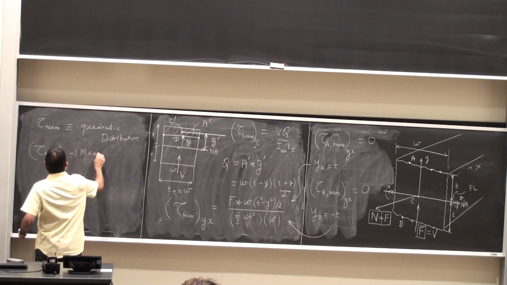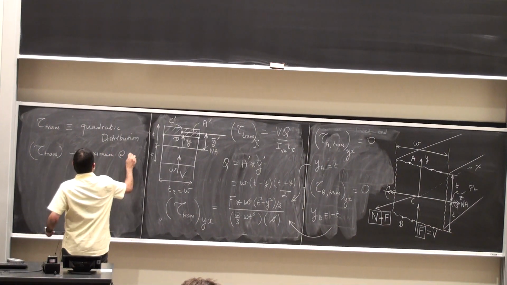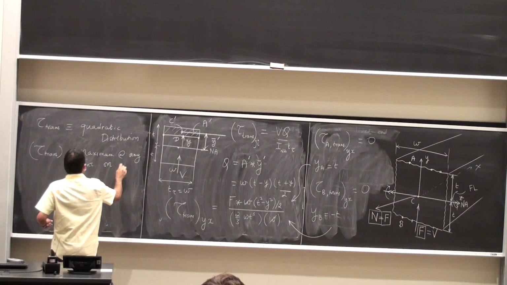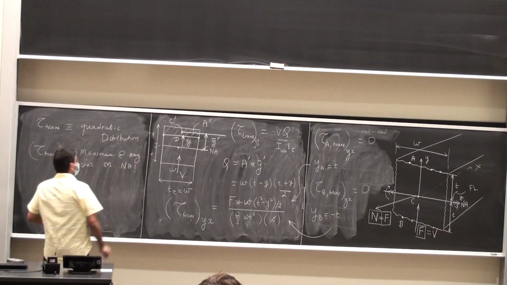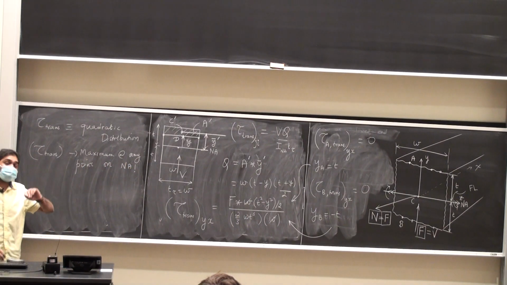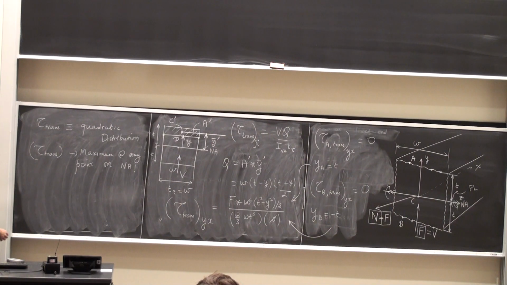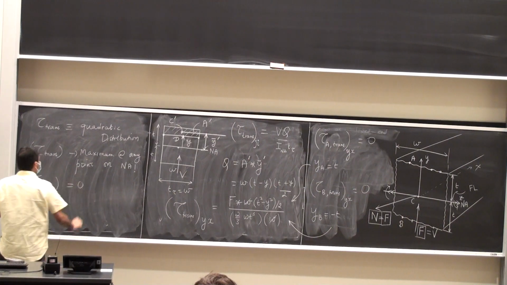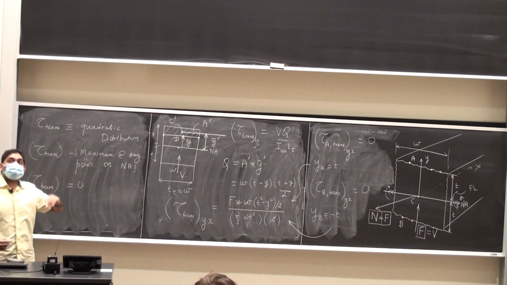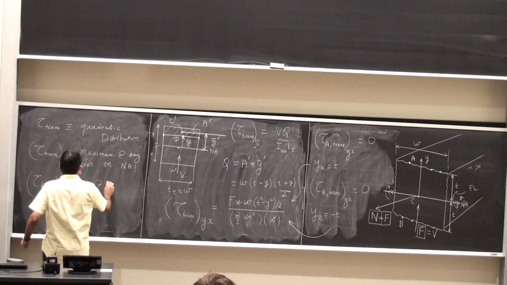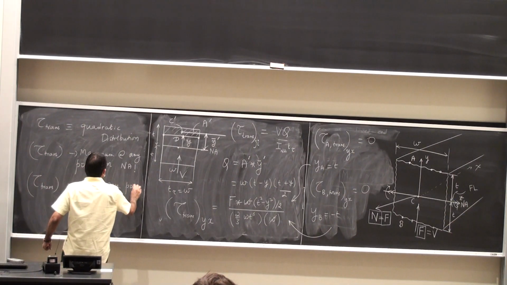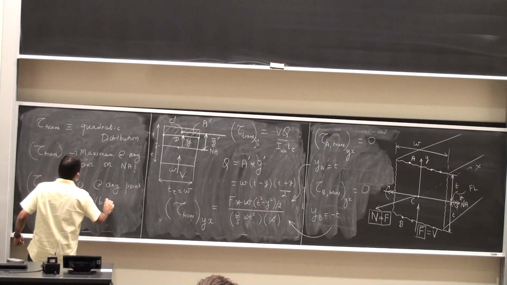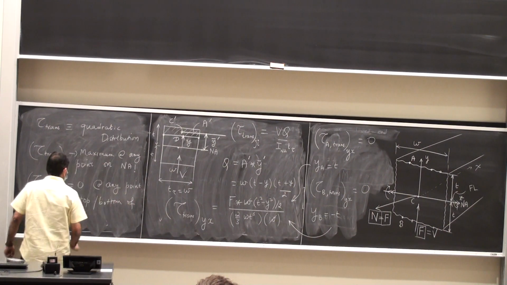Maximum at any point on the neutral axis. I take any point on the neutral axis, the distance y is 0, so this is a maximum. Tau transverse is 0 at any point on the top and the bottom of the cross section.